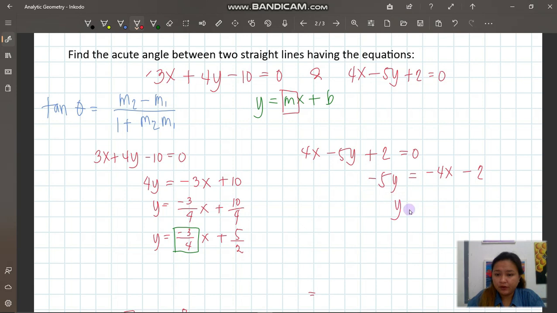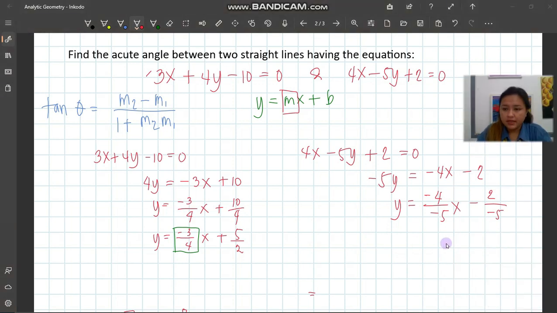Then, to get rid of the negative 5, we divide both terms: negative 4x over negative 5, and minus 2 over negative 5. Negative divided by negative is positive, so we have 4/5 x, and negative 2 divided by negative 5 is positive 2/5.